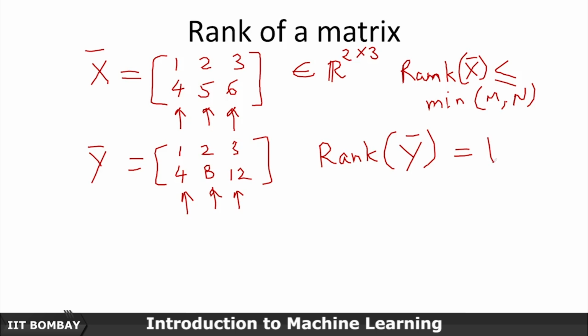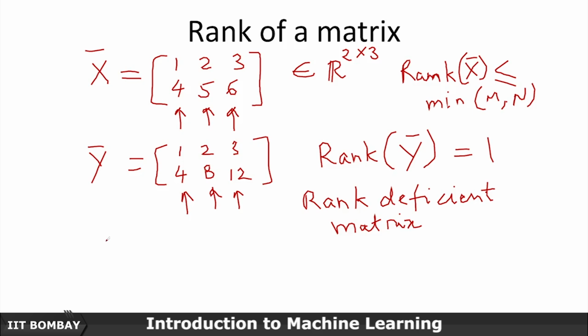So, such a matrix which has a rank smaller than expected is called a rank deficient matrix, and usually it applies to square matrices. Okay. So, where the rank is less than the full rank that is expected.